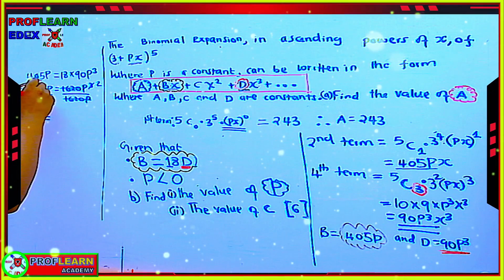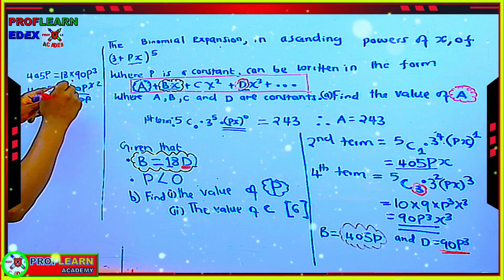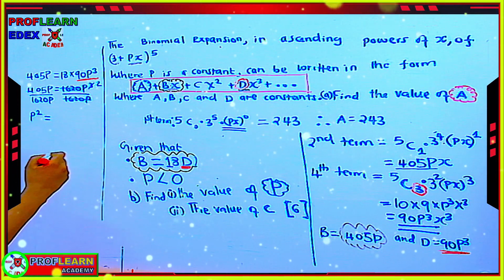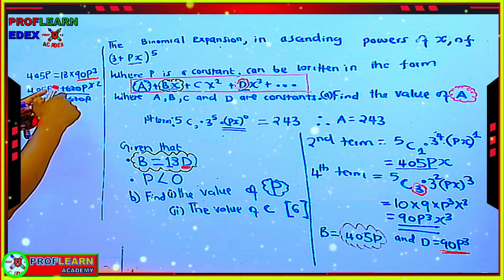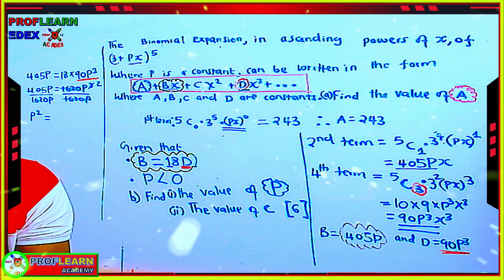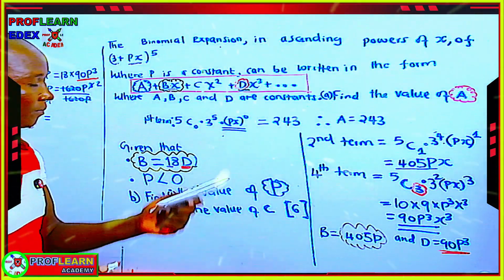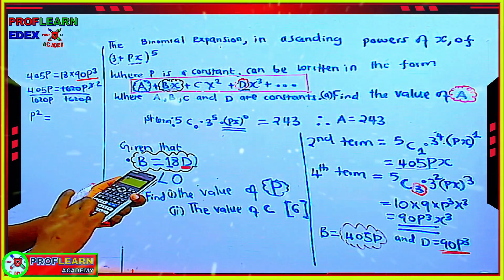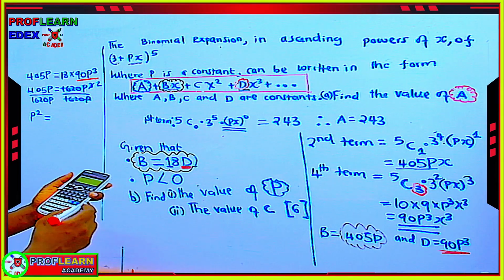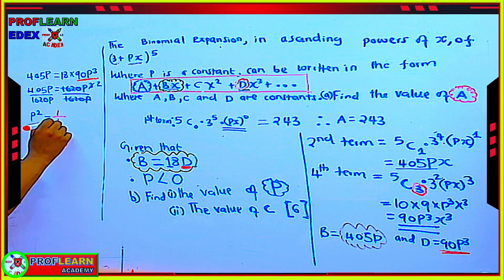So we are going to say 405p is equal to 18 times what D was, which is 90p3. If we simplify by dividing by 1620p both sides, let me just check, 405 divided by 1620, that's going to be 1 over 4 here.